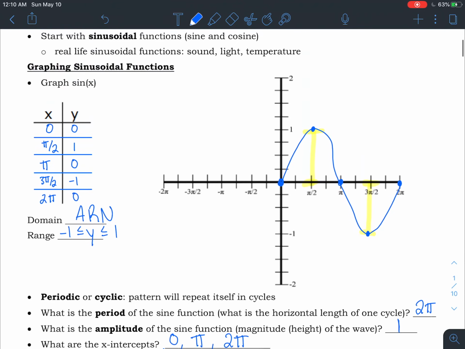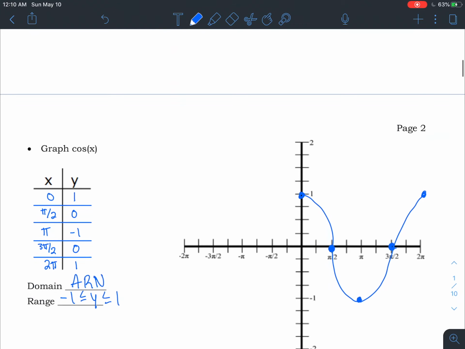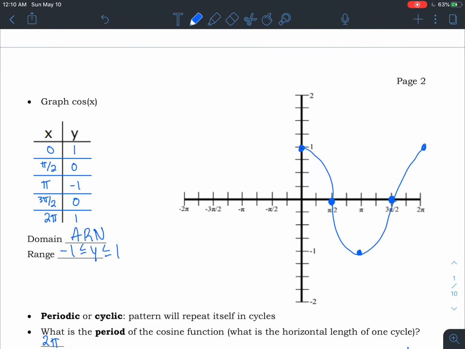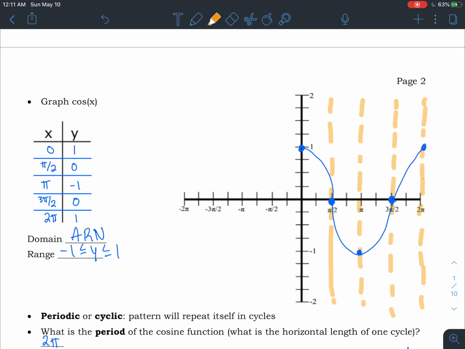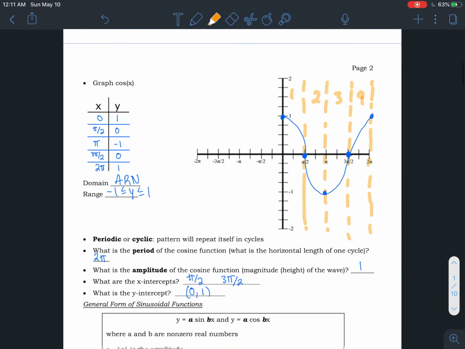Now, something else that is helpful when we get to actually graphing them, because we're going to be graphing one full cycle: if you think of this in terms of splitting it up into 4 different sections, into fourths, that will help in a little bit here where we start dealing with some different changes to the period.